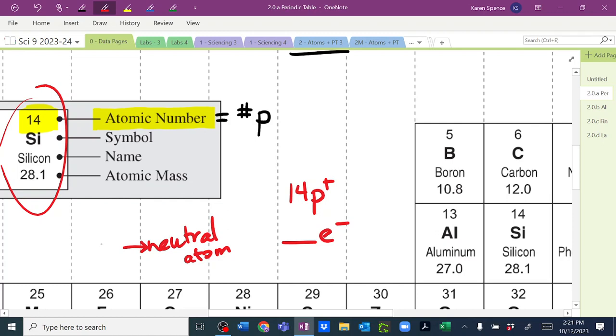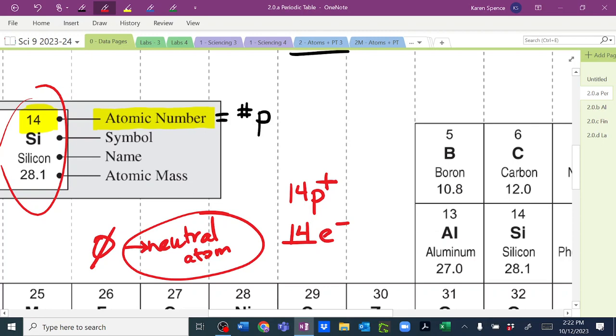If something is neutral, that means its charge is 0. And if I have 14 positive things, how am I going to make it equal 0 charge? I need 14 negative things.